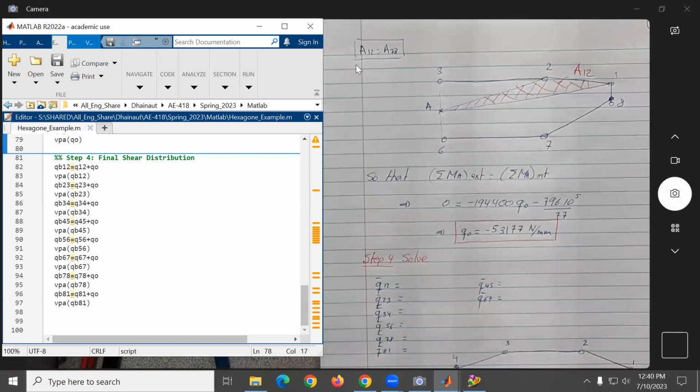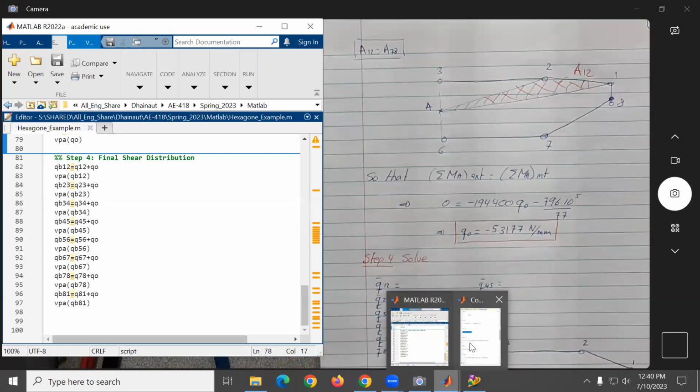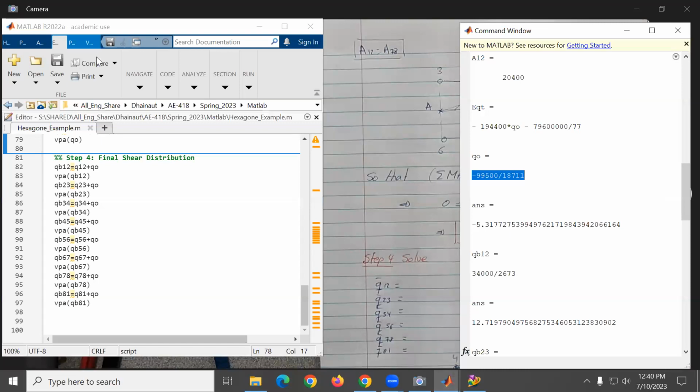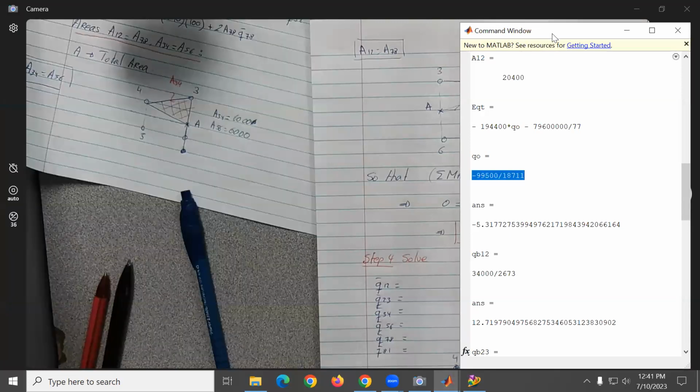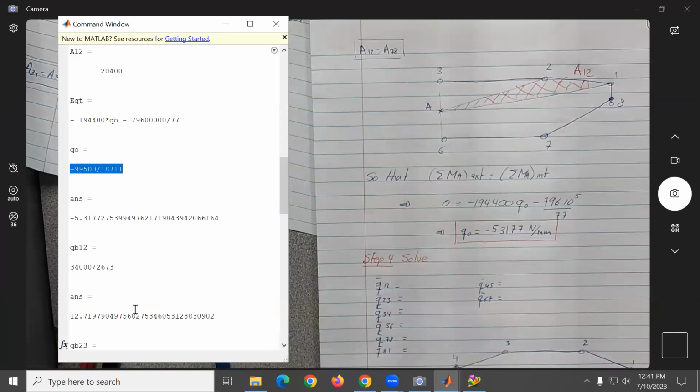Okay, so now let's get here the MATLAB. Let's go one by one. QB12 will be equal to what? 12.72.